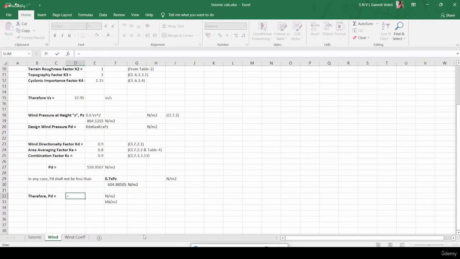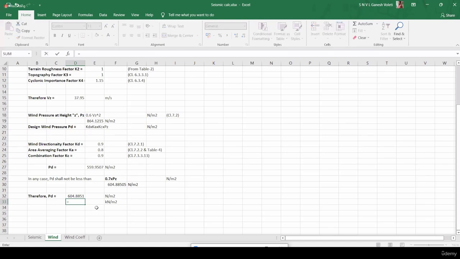So PD is equal to max of this one, comma, this one. So this is 604. This is the maximum value between these two. So 604.8851 Newton per meter square. Generally in metric units, if meters is there, we have to use kilonewtons only.